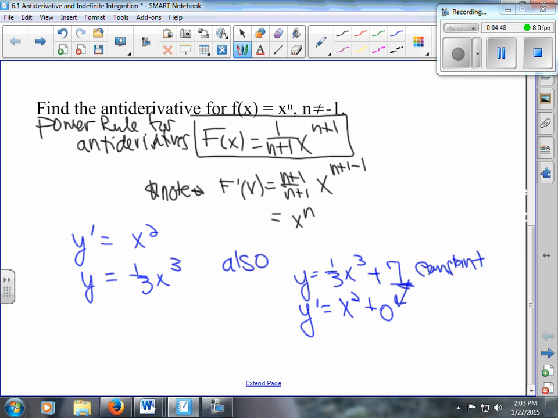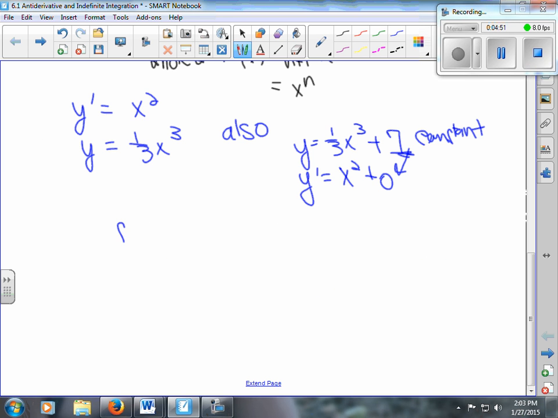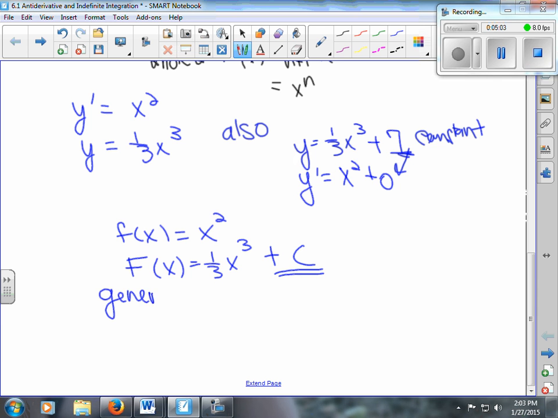So when you do an antiderivative, you typically put a plus C. And this is called your general antiderivative. That accounts for the fact that you could have had a plus 7 at the end or a minus 21. So we say plus C at the very end.